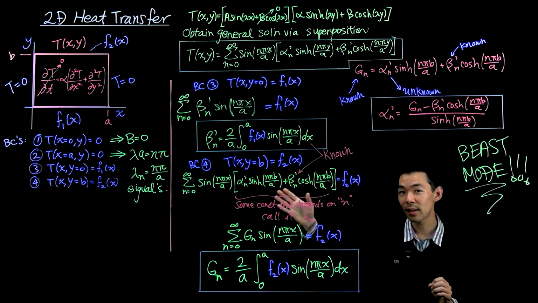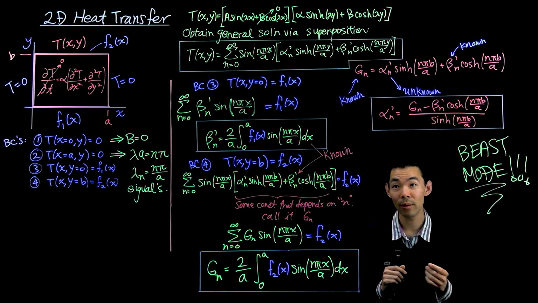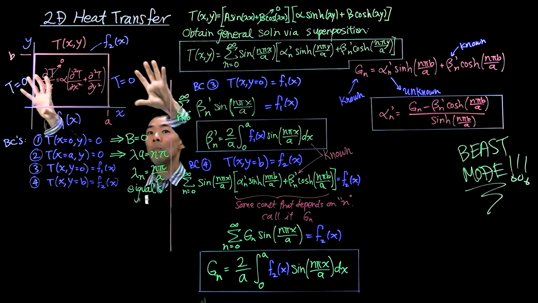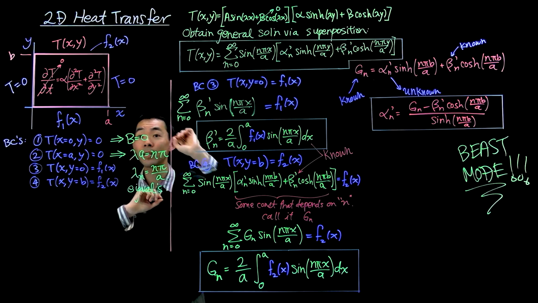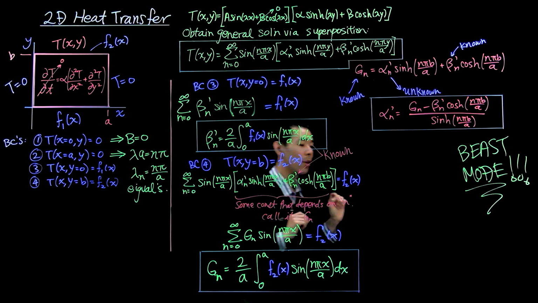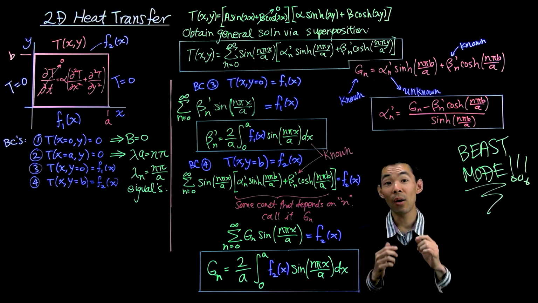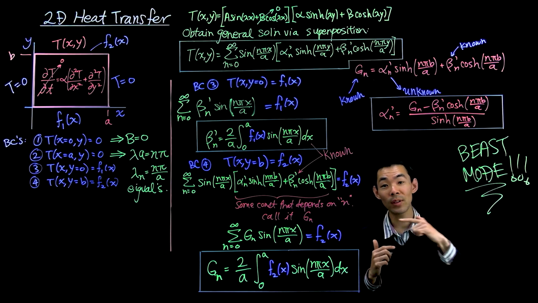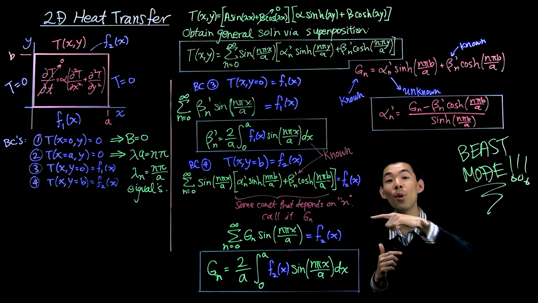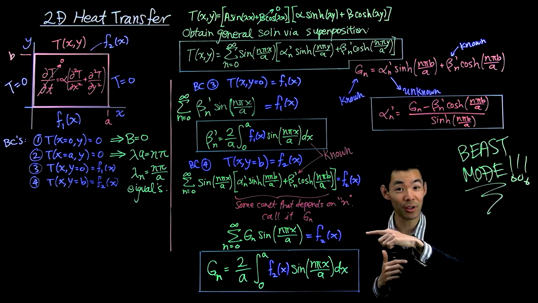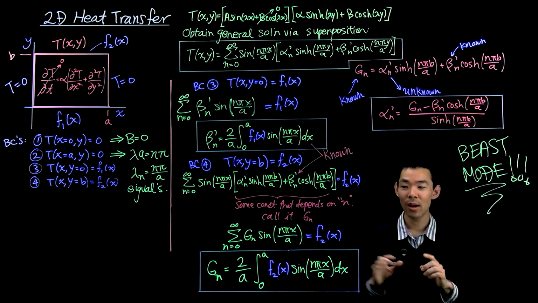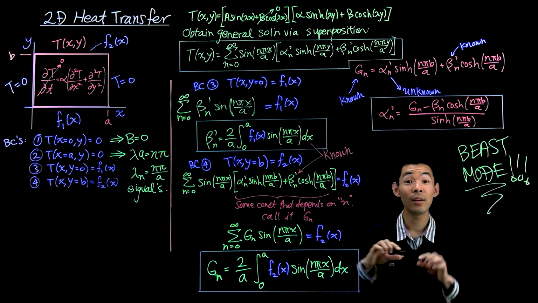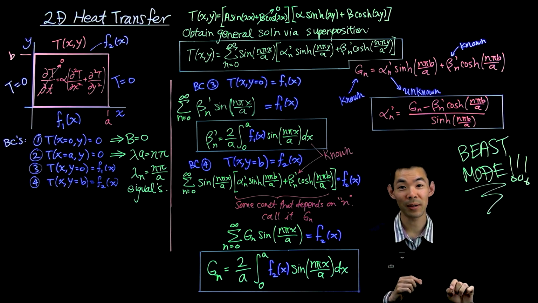In this case, just by design of the problem, we had zero boundary conditions along the x and non-zero boundary conditions along the y, which means that we want to get sines and cosines along the homogeneous boundary condition direction. And along the non-homogeneous boundary direction, we use the Fourier series to make those functions work.